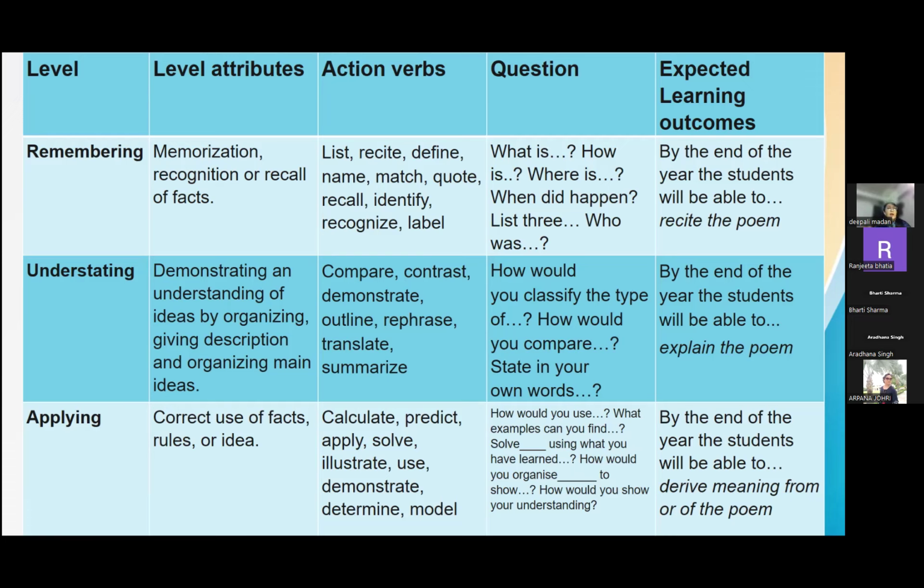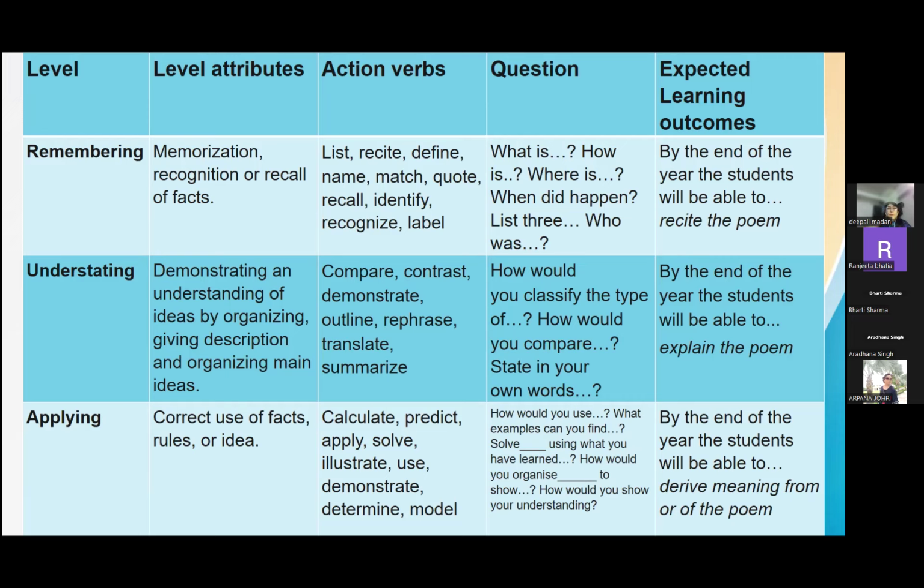What you see on the screen are different levels of Bloom's taxonomy. These levels are remembering, understanding, applying, analyzing, evaluating, and creating. Along with these levels, you can see certain action words.